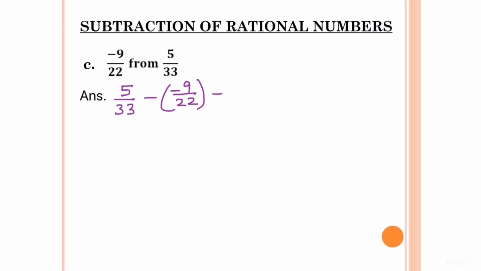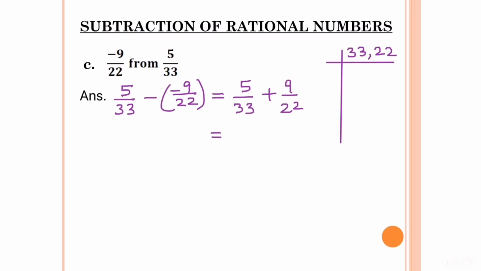This expression is equal to 5 by 33 minus of minus is plus 9 by 22. Since the denominators are not the same, we will find the LCM of the denominators. So let's find the LCM of 33 and 22.